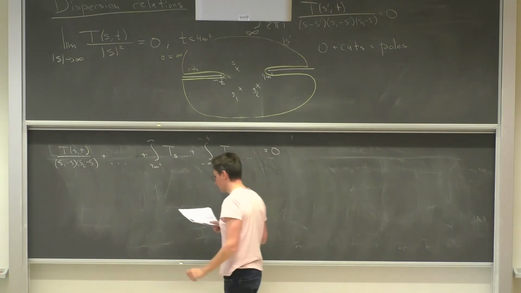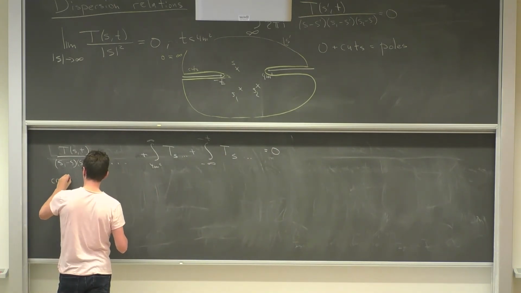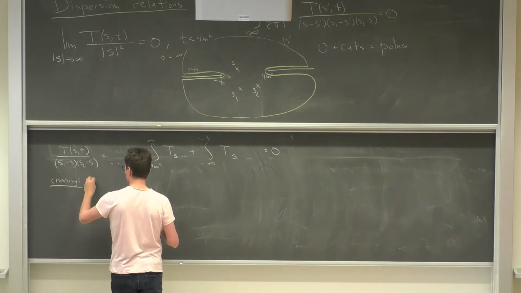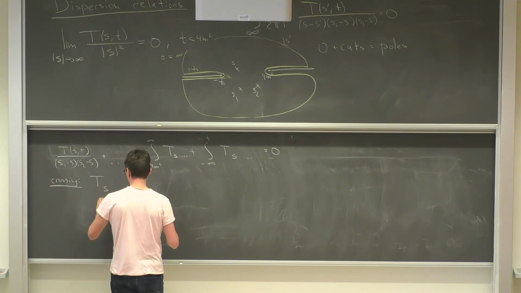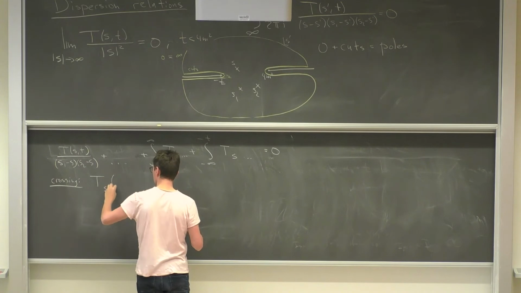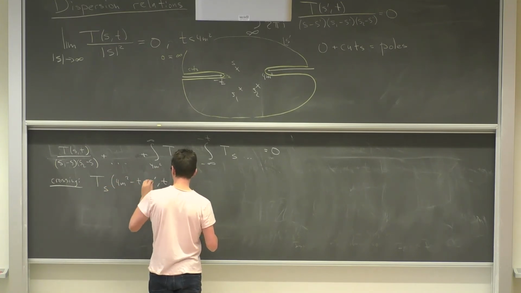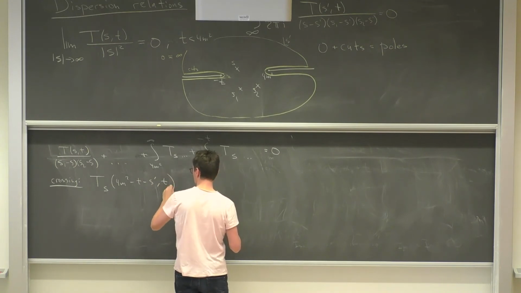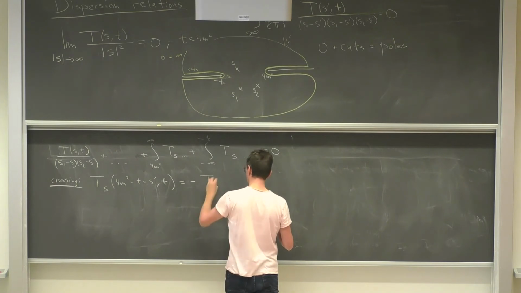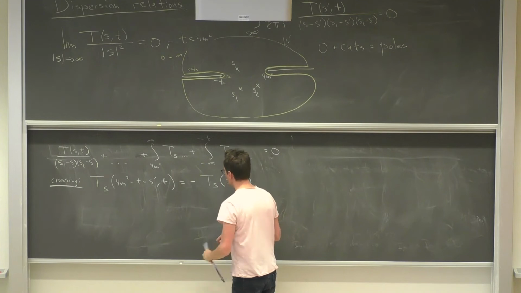Now the next step we use is crossing. And crossing states that if you have a discontinuity in s, so what appeared here in this integral, the discontinuity at minus s' minus t is equal to minus the discontinuity at s' t. So what happens here?